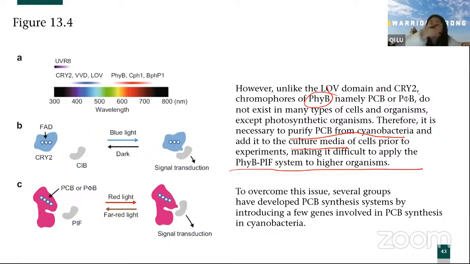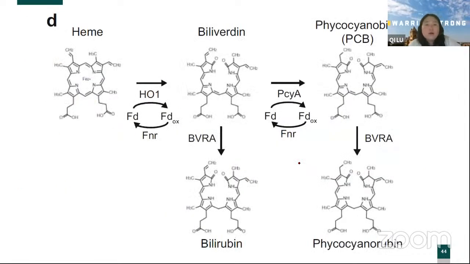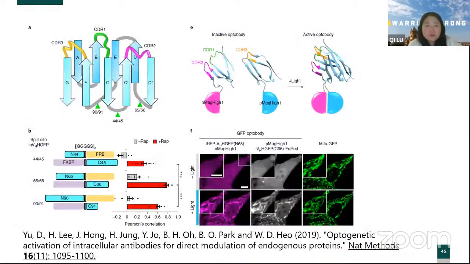To overcome this issue, some groups have developed synthetic systems and introduced genes from cyanobacteria; four genes are required. To summarize, the chromophores are based on heme, so biliverdin and bilirubin are involved in binding to different chromophores.